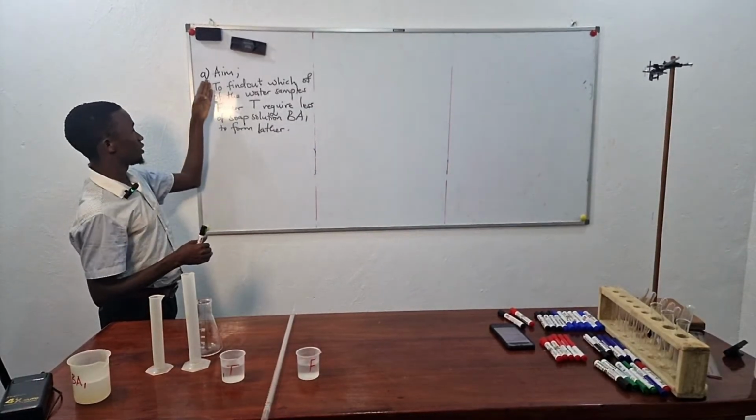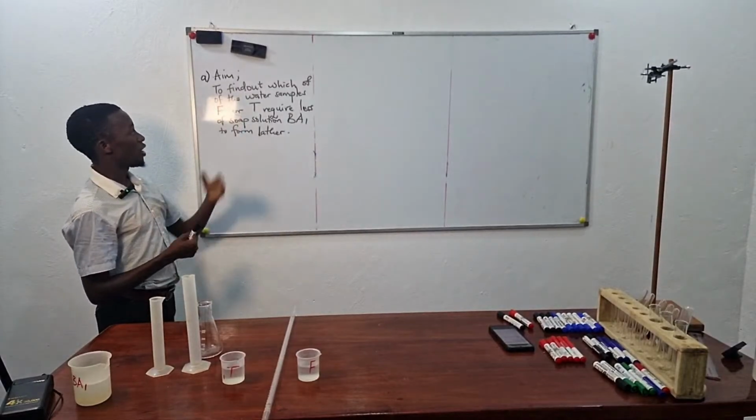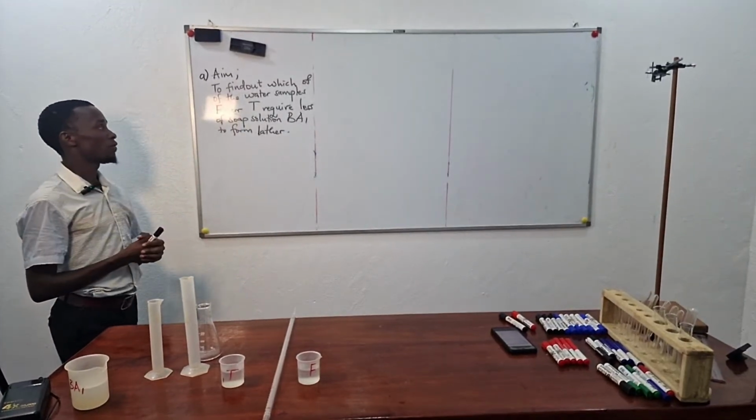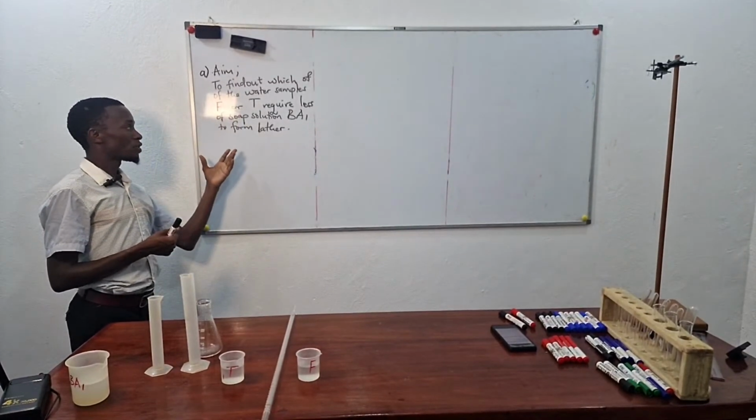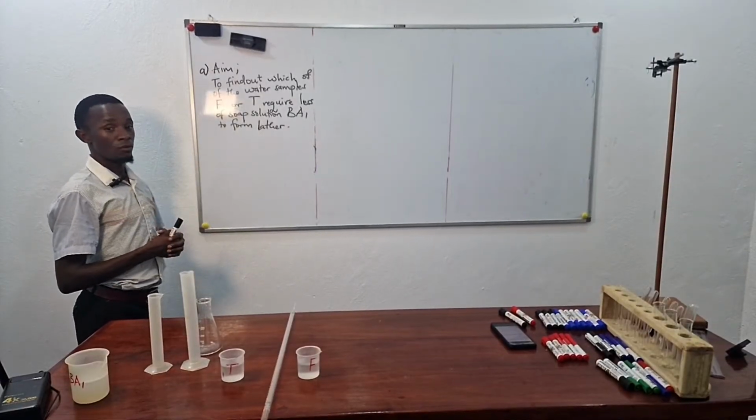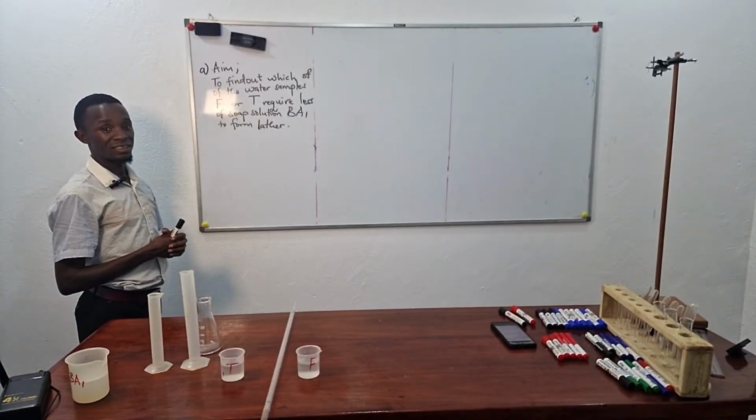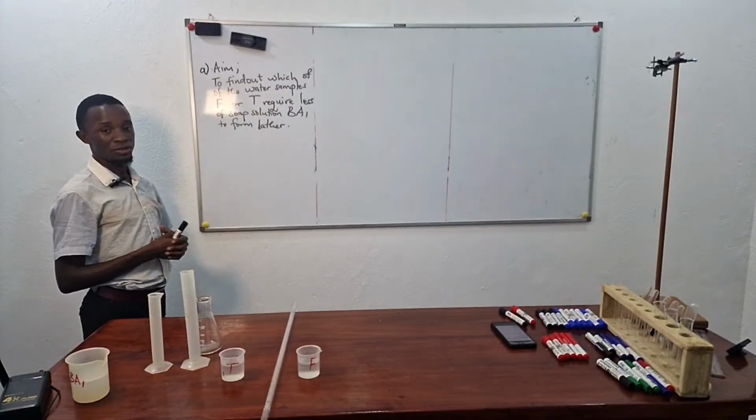You can suggest your other aims, for example: find out which of the water samples, F or T, is more effective for cleaning. You can suggest all those aims you have.